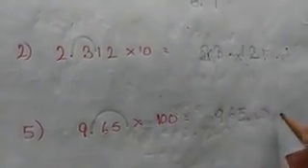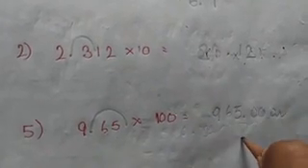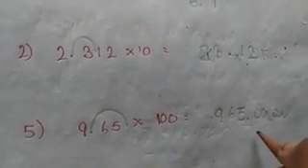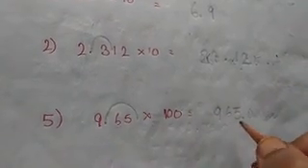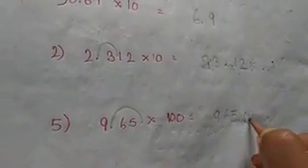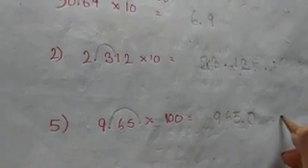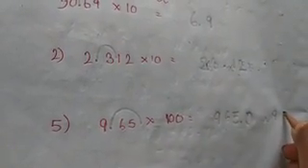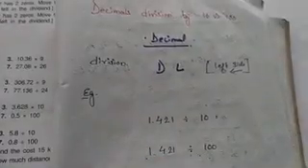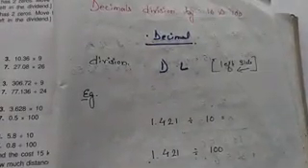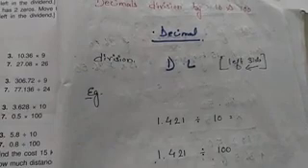965.0, or 965. Now decimal division by 10 and 100.